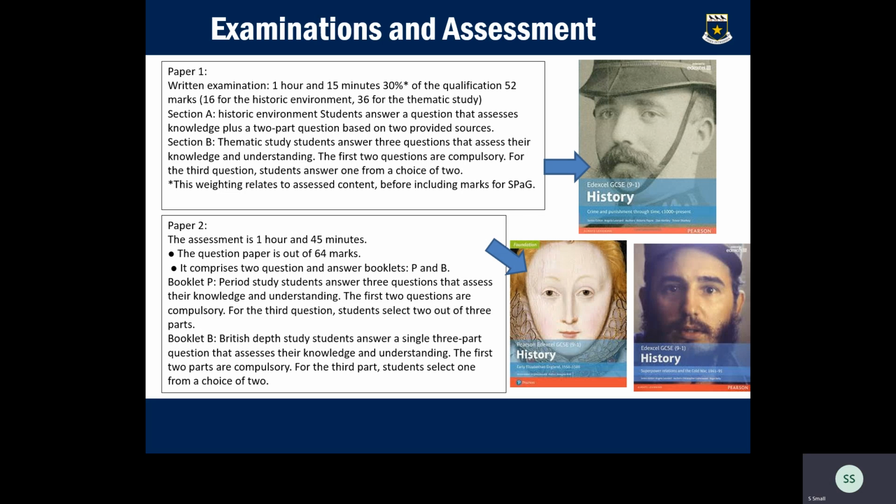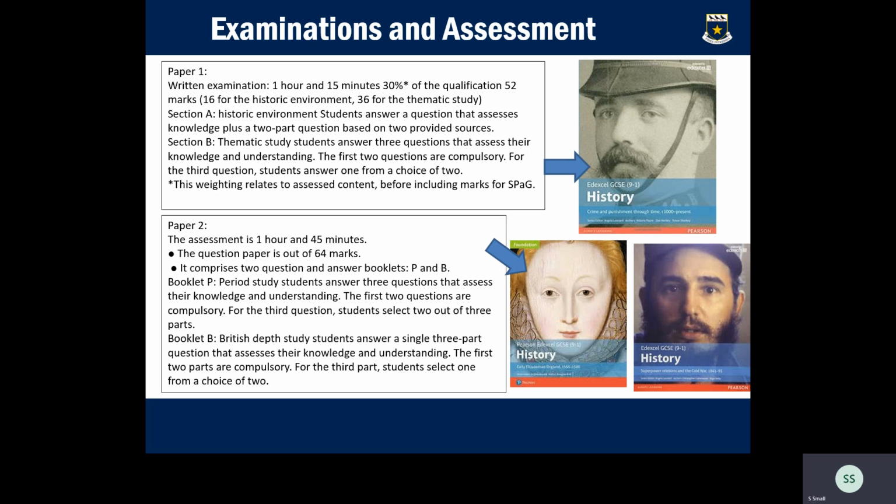Paper 2 is 1 hour and 45 minutes, and this is the combination of Elizabeth and Cold War. The first section of the booklet will be on Cold War relations. You'll be given 3 questions, and you have to be able to explain the significance of something, a related event in terms of the Cold War.